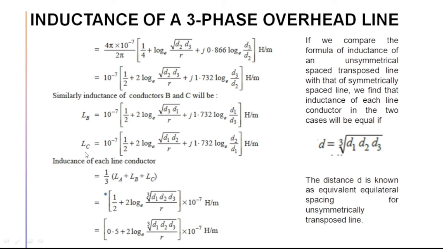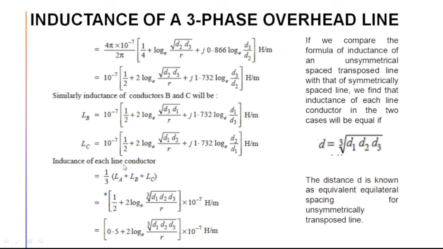And similarly for the Lc, 10 to the power of minus 7, 1 by 2, 2 log d, this is d3, after 1 again 1, the next term is 2, that is r plus j 1.732 log for 1 after 2 and 3 after 1 Henry per meter.